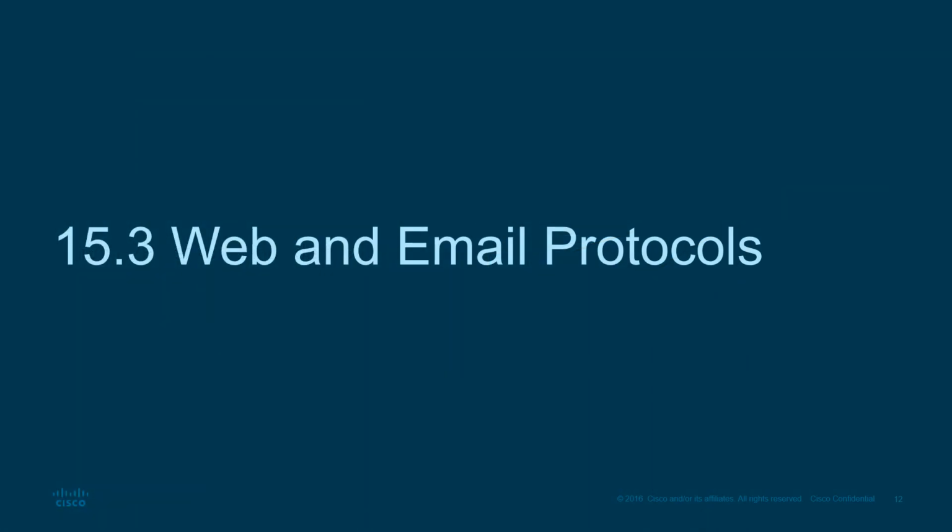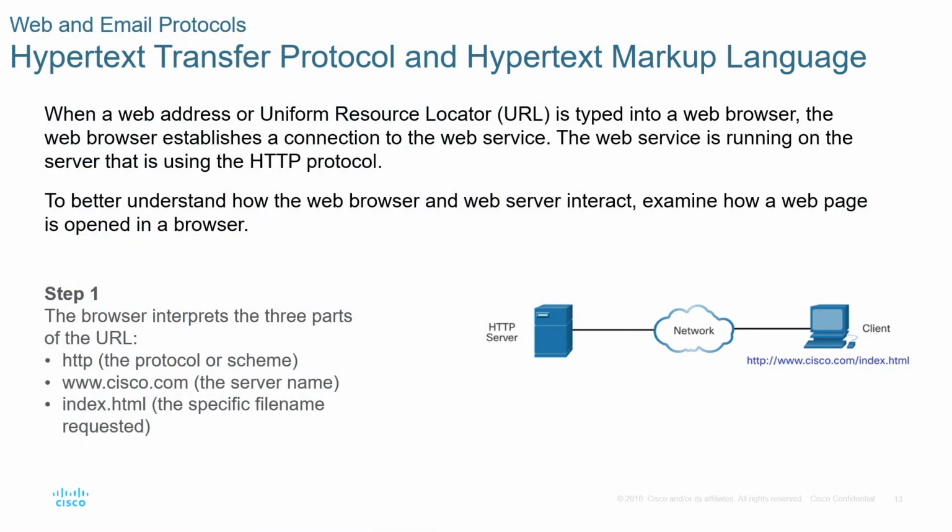Moving right along, we have our web and email protocols. These are the protocols used for working on the web and sending emails. So when you go to a website like google.com, www is actually a subdomain, but we don't always see it. But there is actually a protocol or a scheme at the very beginning.